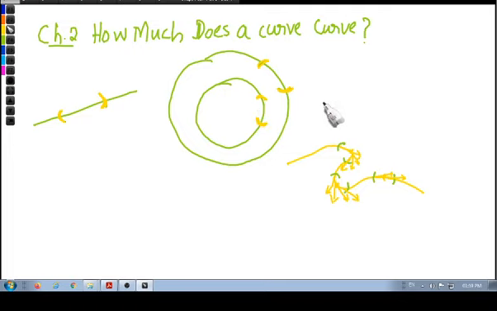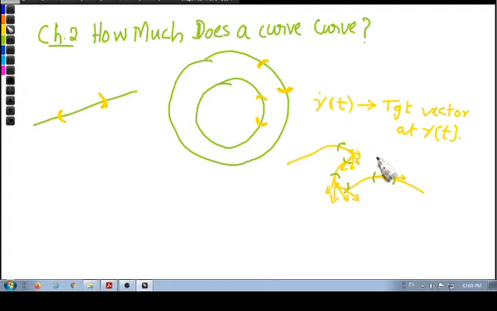Therefore, what is the tangent vector? If gamma is a parameterized curve, then gamma dot of t represents the tangent vector at the point gamma of t. And you want to measure the rate of change of this tangent vector.